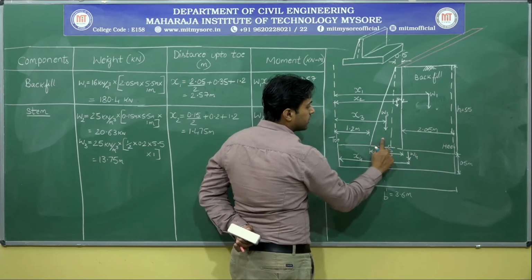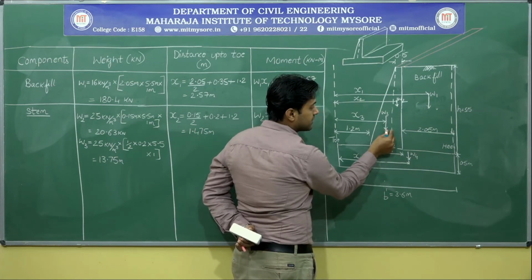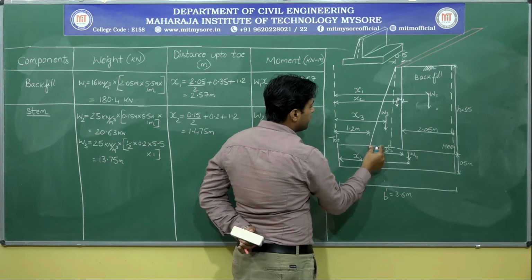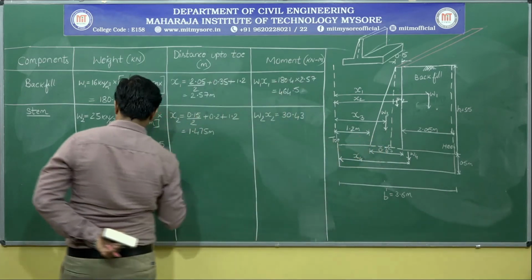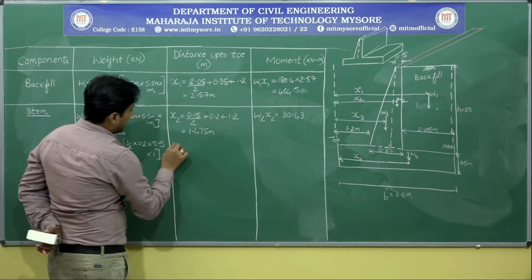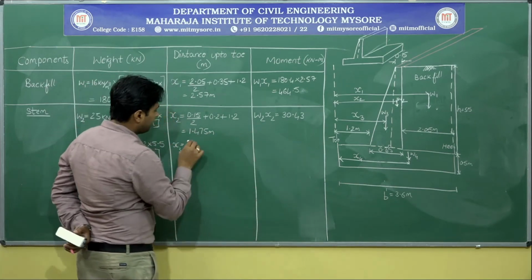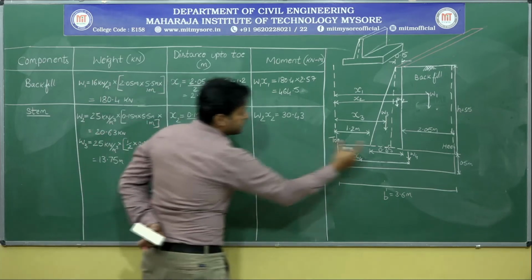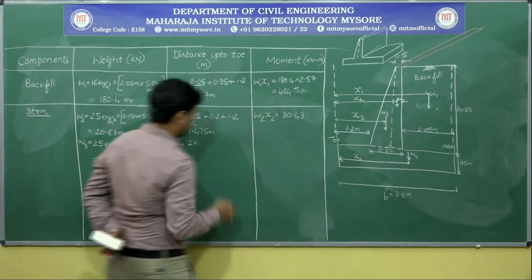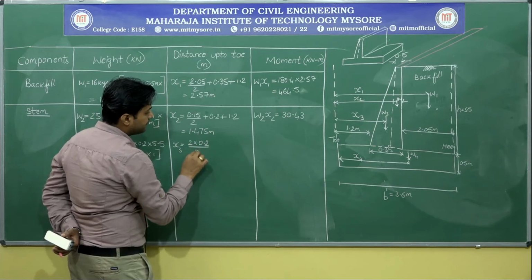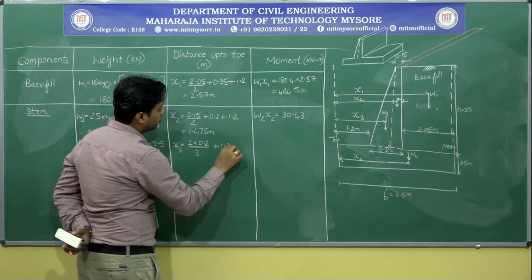Please remember, towards 90 degree if I want, this distance is b by 3. Away from 90 degree side, it is 2b by 3 plus 1.2 meter. So x3 is equal to 2b by 3, 2 into, what is this breadth? It's 0.2. 2b by 3 plus 1.2 meter.